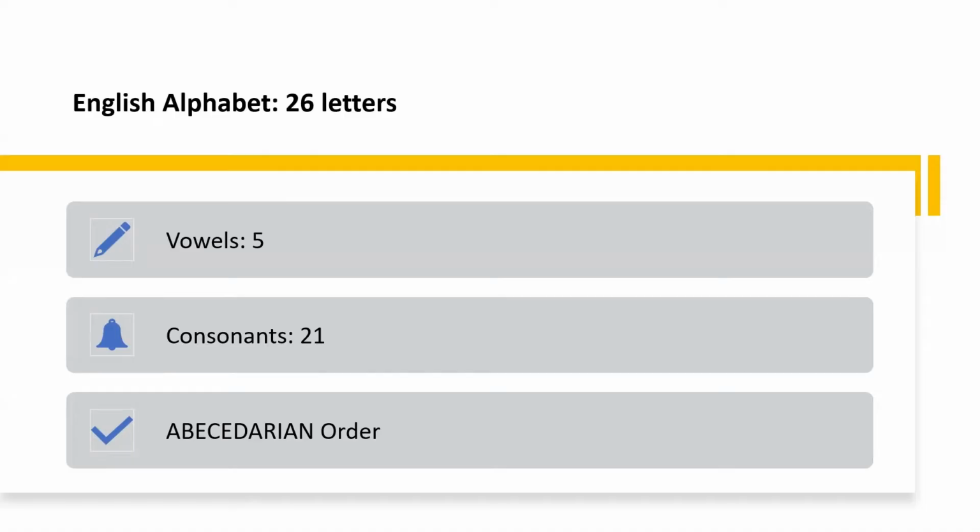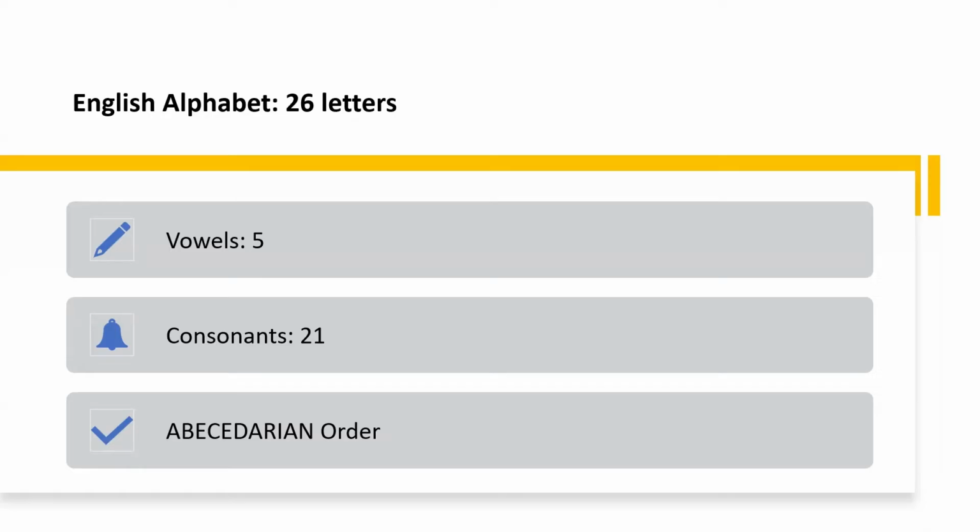Friends, you know that in English alphabet, there are 26 letters. Here I want to tell you that some of us say alphabets. Actually, it is alphabet. You may ask a question, how many letters are there in English alphabet? We cannot say alphabets.